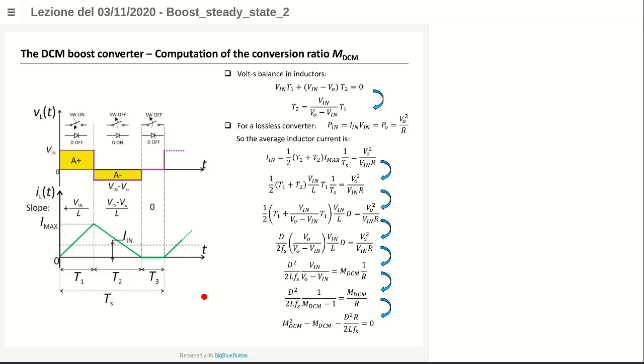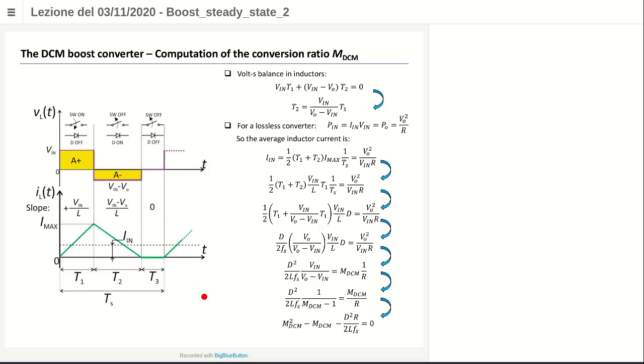DCM operating mode is obtained when you are increasing the load. When you increase the load, the inductor current translates down, because the ripple current is always the same and does not depend on R, but the average value depends on R. So a situation eventually happens in which part of the current in the switching period tries to become negative.